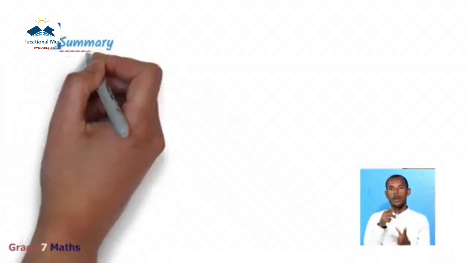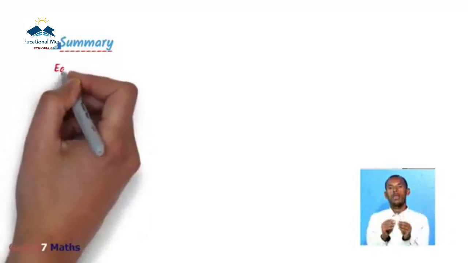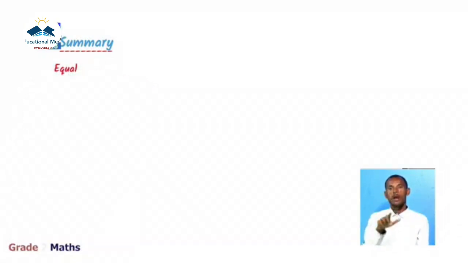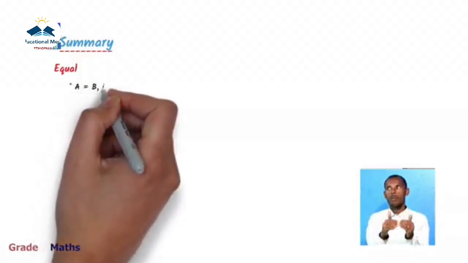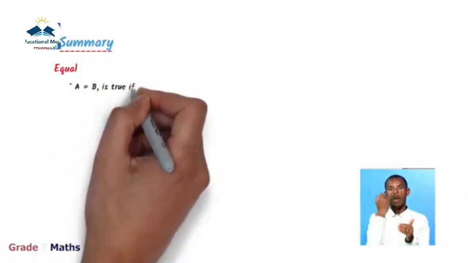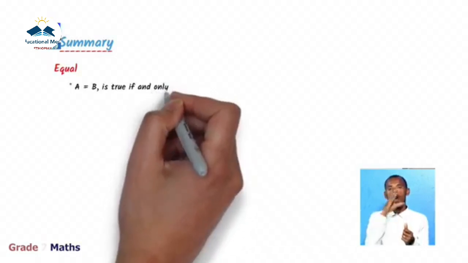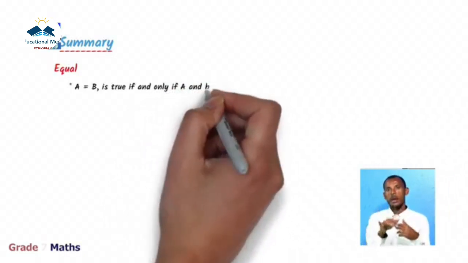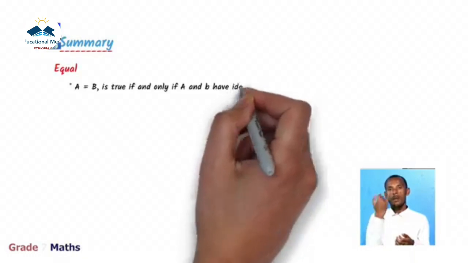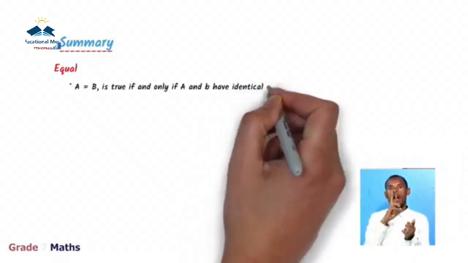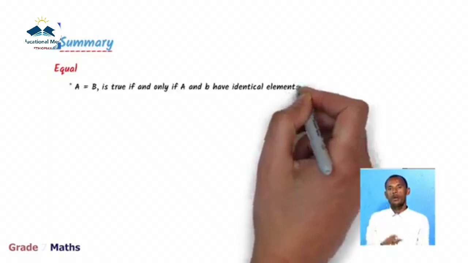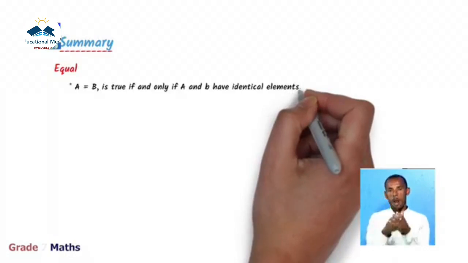We started from equal sets. Two sets A and B are said to be equal if and only if A and B have identical elements.